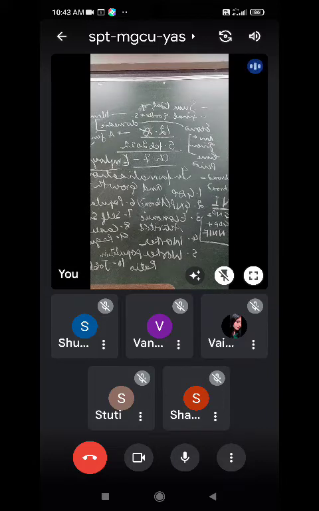Okay, all those who are present, can any one of you tell me how we calculate net income earned from abroad? This we have added to GDP and we are getting GNP. So how do we calculate net income earned from abroad? Can anybody tell?